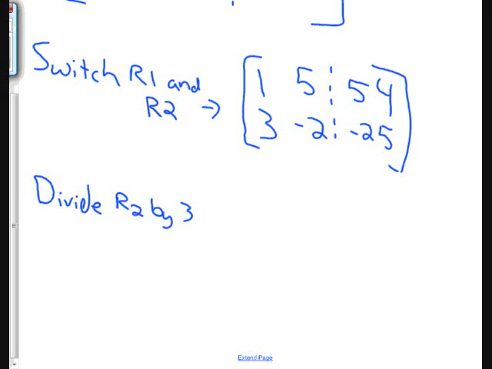So row 1 is going to stay the same. And we're going to divide by 3, so 3 divided by 3 is 1, negative 2 over 3, and negative 25 over 3.